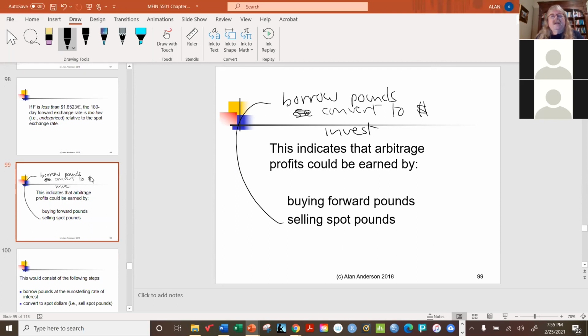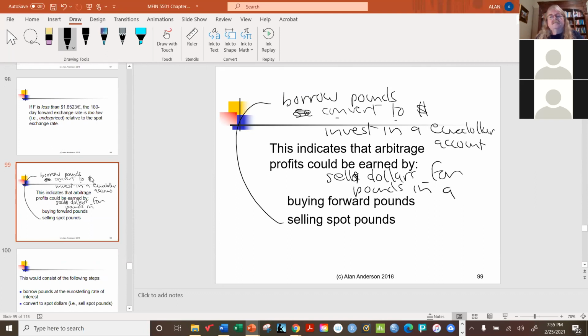Invest in a eurodollar account. And then sell dollars for pounds in a forward contract. And then repay the pound loan. And you would have ended up with money there too.